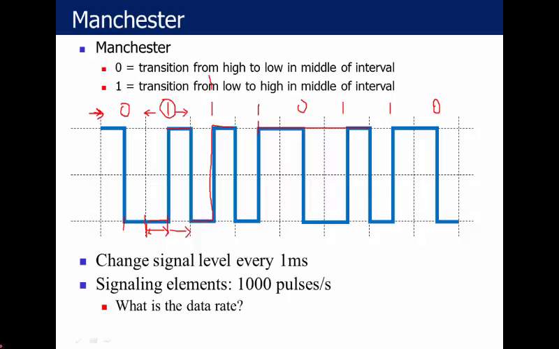Which means the data rate generated from Manchester encoding techniques is slower than many others that we looked at so far. The benefit is it is more accurate. Exactly, it should be accurate.